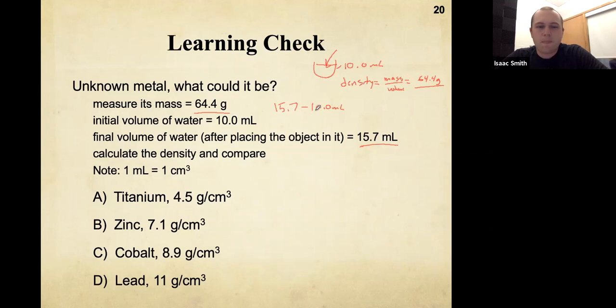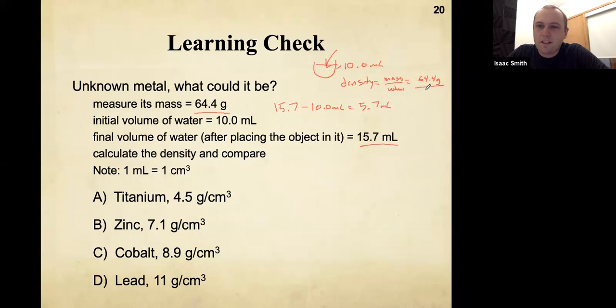All right, so let's walk through this. First, all we need to do is get the volume of the metal sample, and we'll put it here on the bottom and do this calculation. So 15.7 minus 10.0 milliliters. If you put this in your calculator, you're going to get 5.7 milliliters.